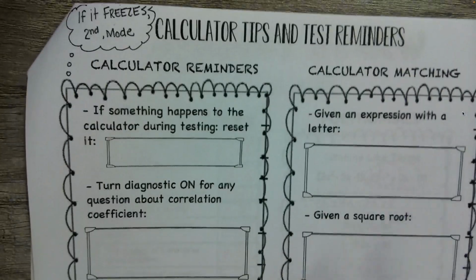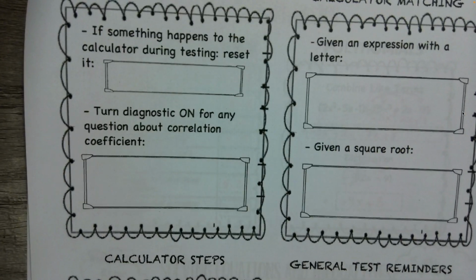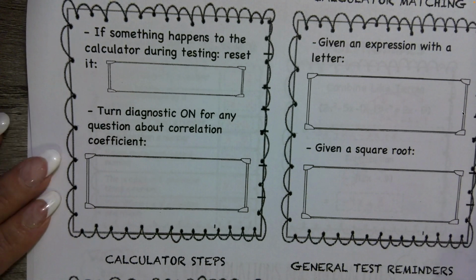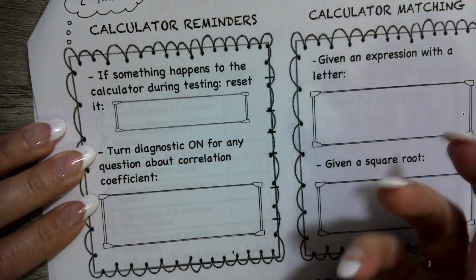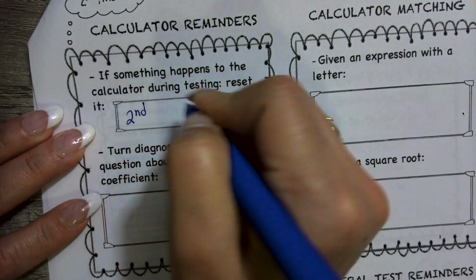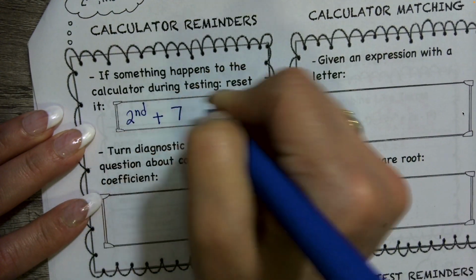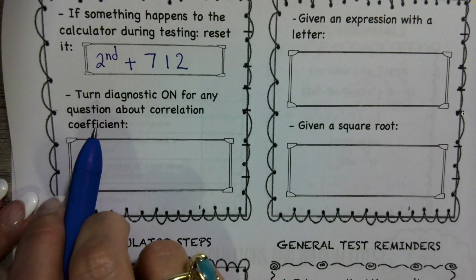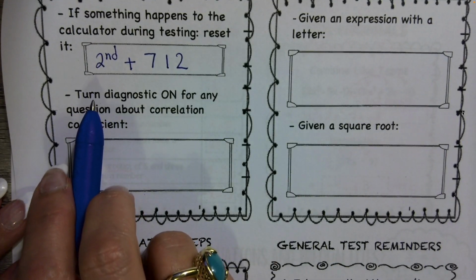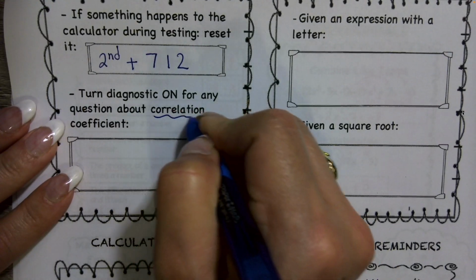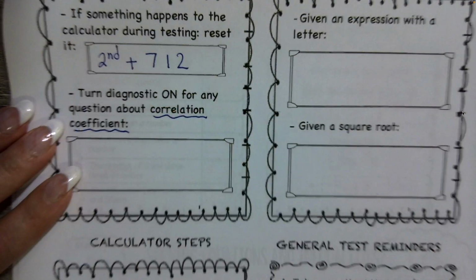Okay, it says if something happens to the calculator during testing, reset. Oh, there you go. I forgot that. Reset it. So second plus 712. Turn diagnostics on for any question about correlation coefficient, and then do stat.